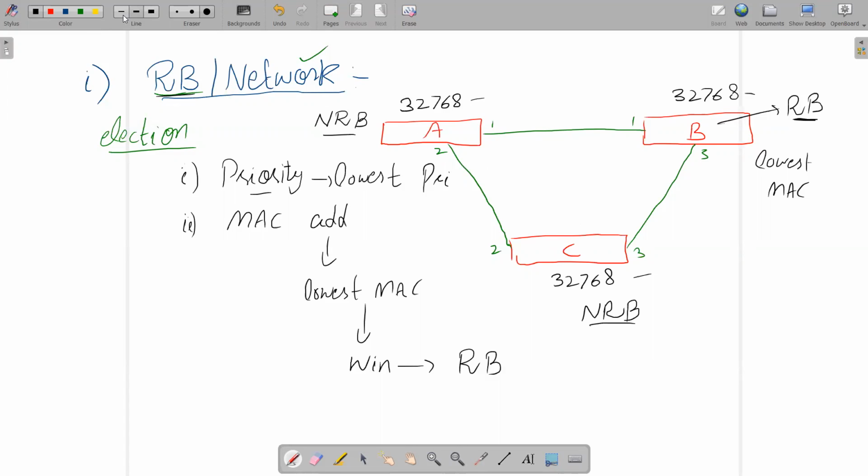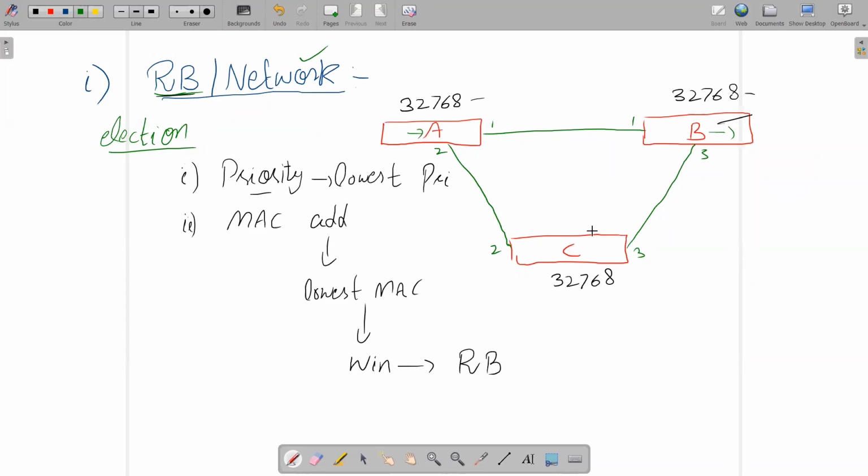In my case, for example, let me consider the names of the switches as the MAC addresses. For example, A is the MAC address of this switch, B is the MAC address of the relevant switch, and C is the MAC address of this switch.